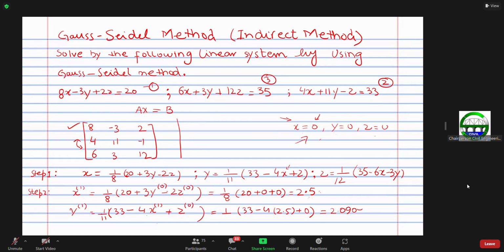2.0909. And similarly, we will go with the Z1.